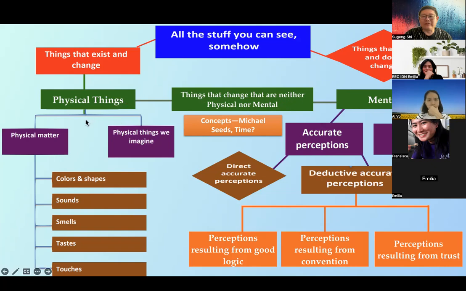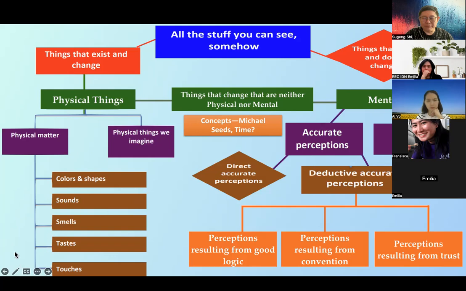And then physical things, you can divide them into physical matter and physical things that we imagine. Colors, shape, sound, smell, taste, touch. Mental refers to accurate perception and mistaken perception. Accurate perception we can divide into direct accurate perception and deductive accurate perception. And of course, for deductive, there are three ways: good logic, convention, and trust.